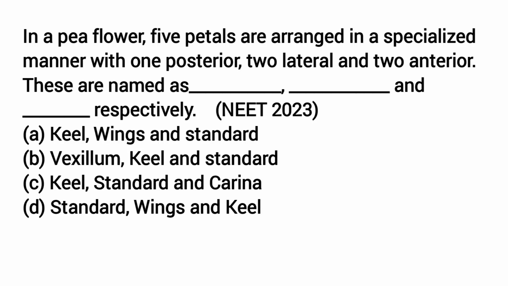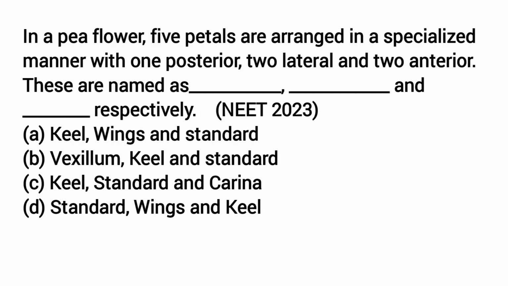The largest petal is at the top position and it covers the other petals. So the largest petal is known as standard and it covers the next 2 lateral petals, known as wings. Later, these wings cover the other smaller petals known as keel.